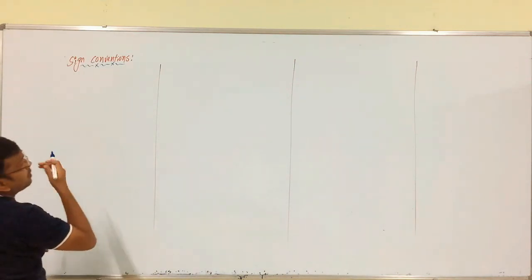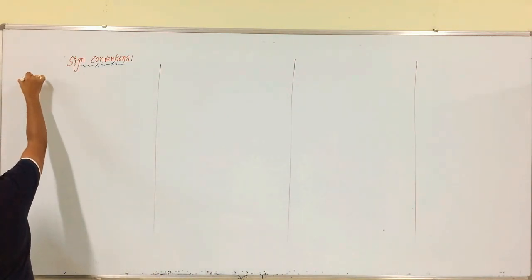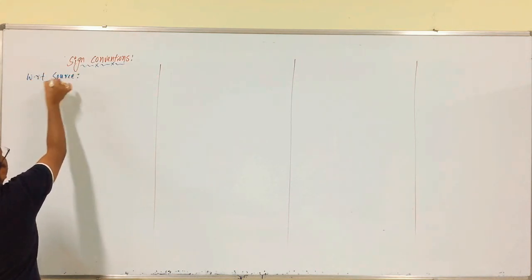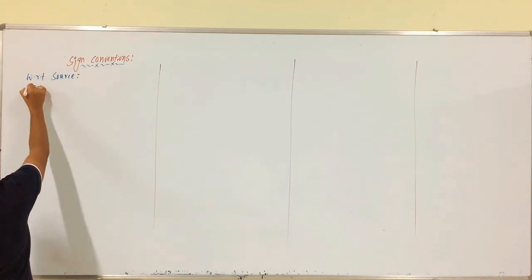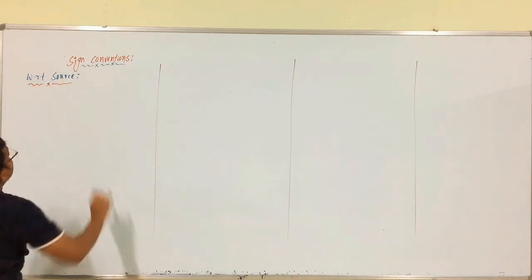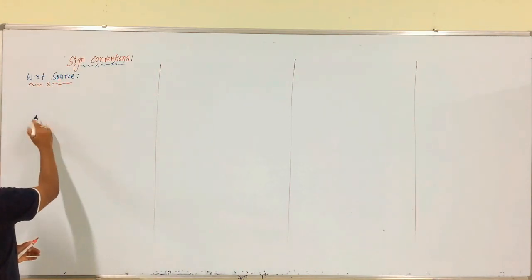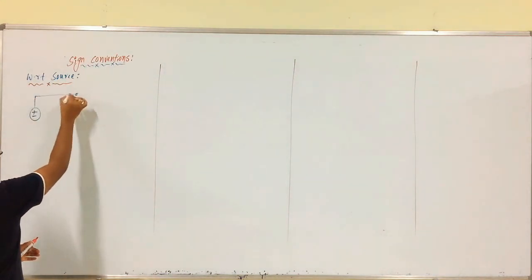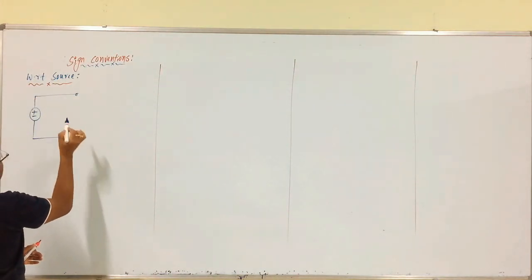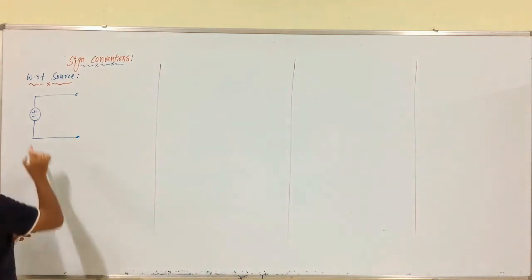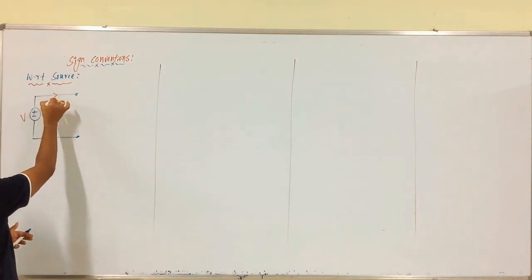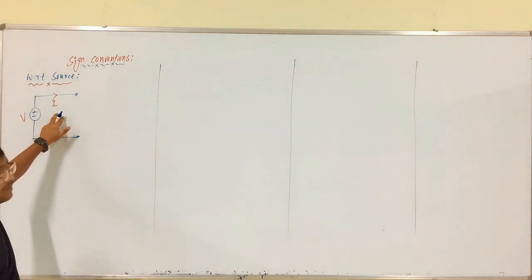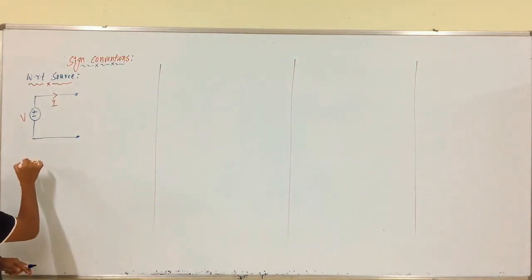First, I would like to start the discussion with respect to source. We all know that this is the supply voltage, and the current is leaving. What is the point here?